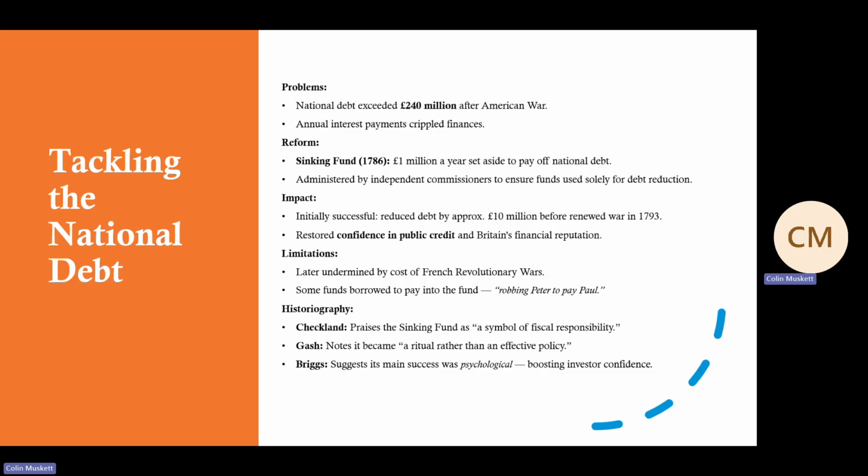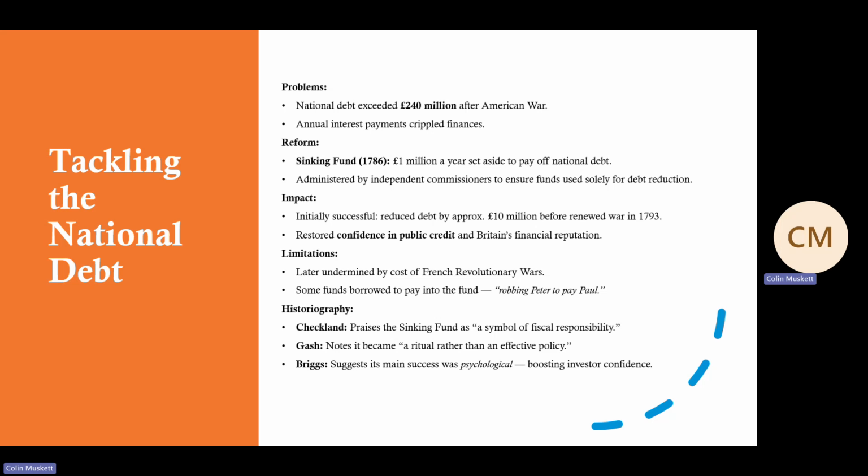Okay, so this sinking fund, of course, was tightly managed, as previously noted. £1 million a year was paid in from taxation. So again, this links into many of the ambitious and very innovative new taxes that Pitt rolled out. And over time, it was successful. It did cut the debt, the deficit, by around about £10 million.